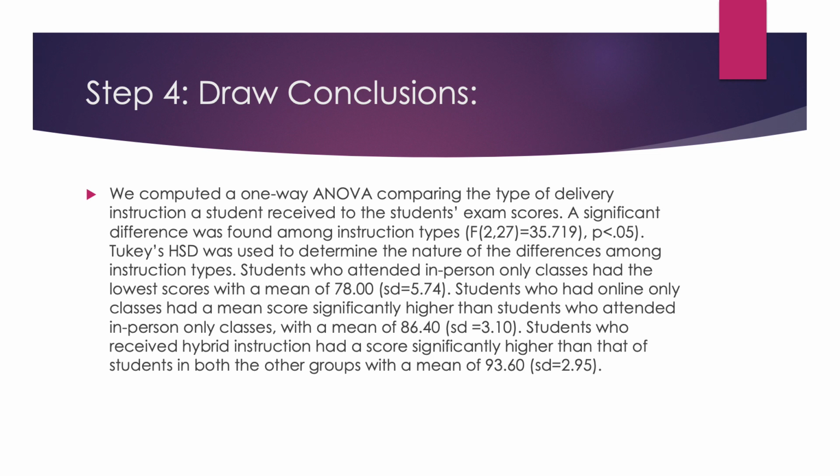Students who received hybrid instruction had a score significantly higher than that of students in both of the other groups, with a mean of 93.60 and standard deviation of 2.95. So those "significantly"s in the conclusion indicate where the asterisks were on the Tukey's printout.